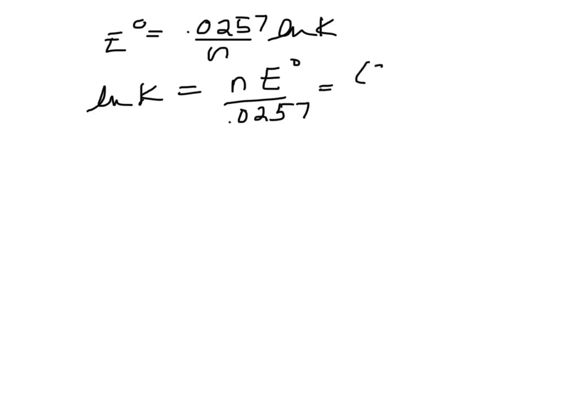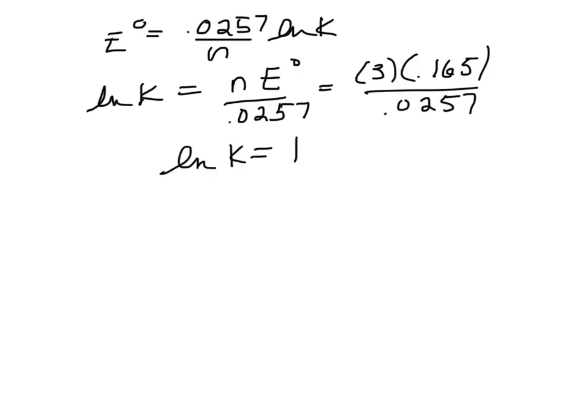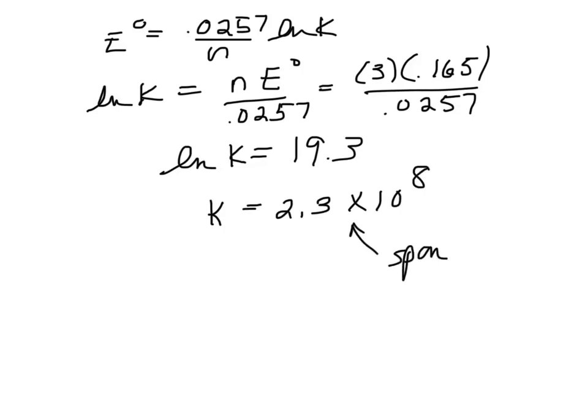We figured out N was 3. We figured out that voltage was 0.165, divided by 0.0257. So the ln of K is going to be 19.3. So we take the inverse ln of that, and you get 2.3 times 10 to the positive 8. Again, a big number says it's spontaneous. So it's pretty easy to relate all of these things at standard conditions. That's really all there is to it.